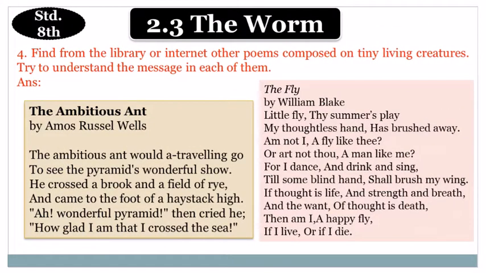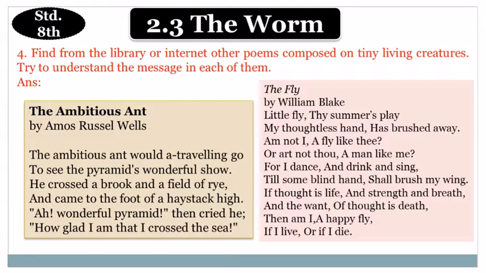Find from the library or internet the poems composed on tiny living creatures. Try to understand the meaning in each of them. Okay, so for your study, two short poems are given there. Okay, the first one is The Ambitious Ant by Amos Russell Wells.